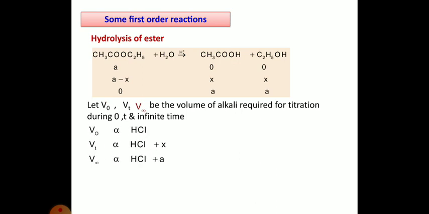So here V0 is the initial volume required, which is directly proportional to the corresponding hydrochloric acid, and at time t it is HCl plus X, and at infinity you will get HCl plus A. In your textbook somewhat different notations may have been used, so you just follow your textbook notations, or you can also refer to other books, where you can find different notations.